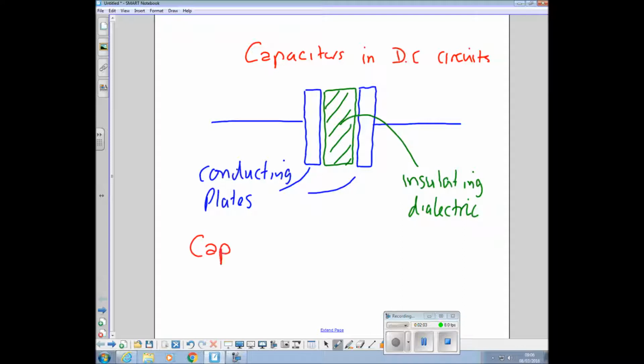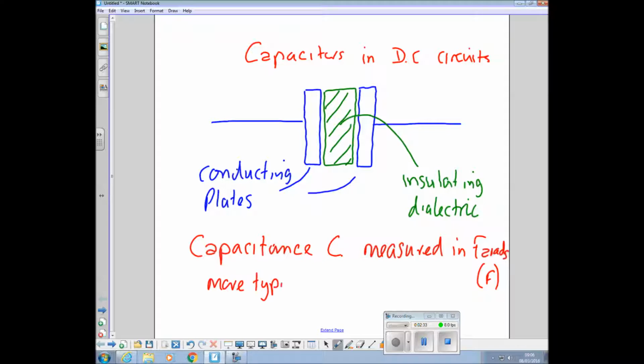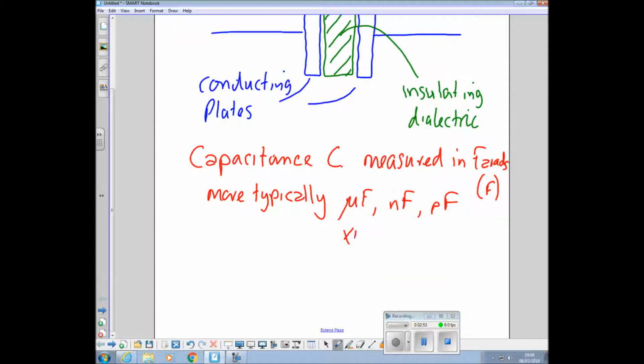So we've got capacitance C, that's the circuit symbol for it, and then measured in farads, F. However, more typically microfarads, nanofarads, picofarads, because the farad is a very big unit, and so we're more likely to be talking in times 10 to the minus 6, times 10 to the minus 9, times 10 to the minus 12 farads.